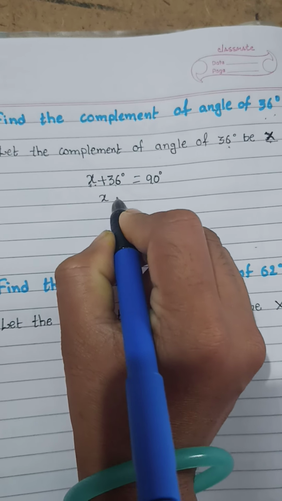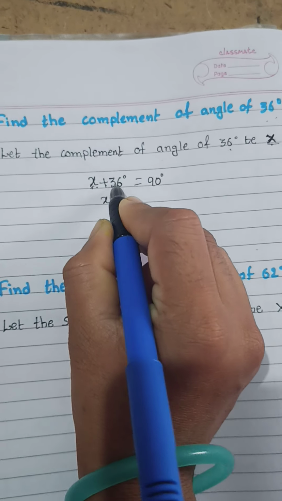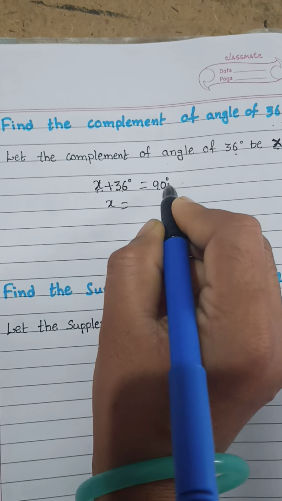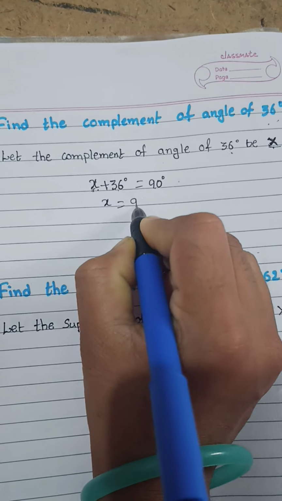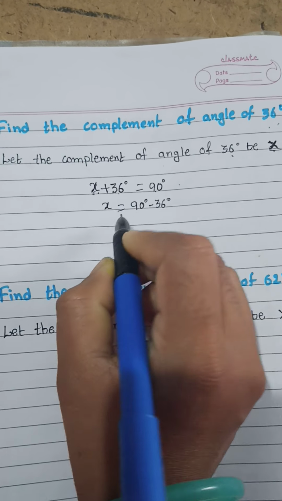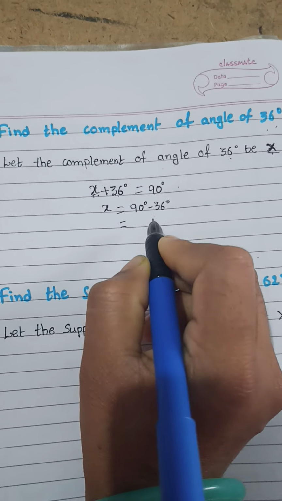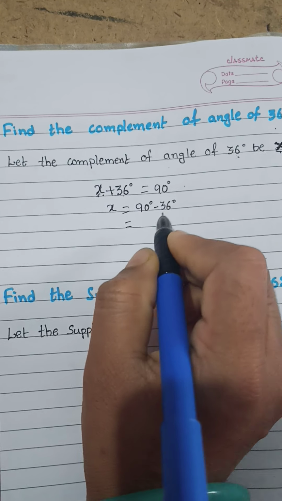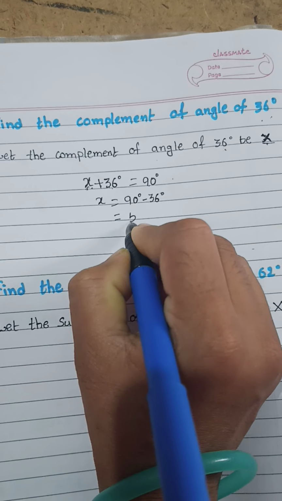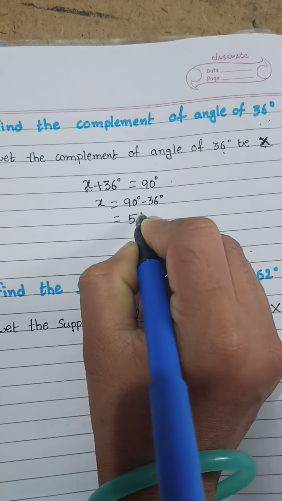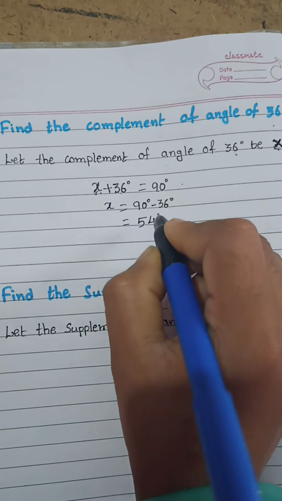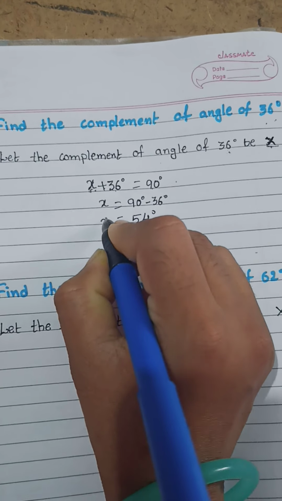To find x, in between these two there is a plus. If you transfer this value to the right side, it will be minus: x equals 90 minus 36 degrees. Now 90 minus 36, how much is it? It is 54 degrees. So x is equal to 54.